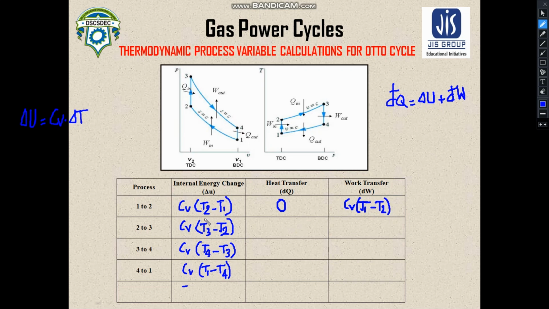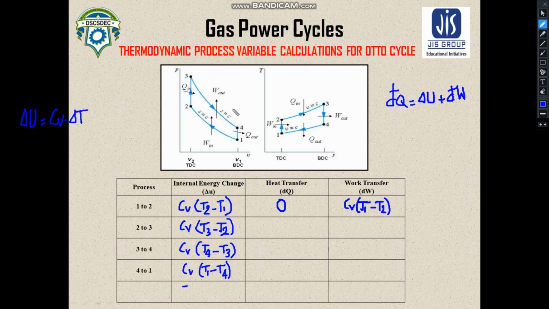Okay, now let us move on to the next process, process 2 to 3, where heat is being added at constant volume, or thermal energy generation is taking place because of the rapid exothermic chemical reaction.